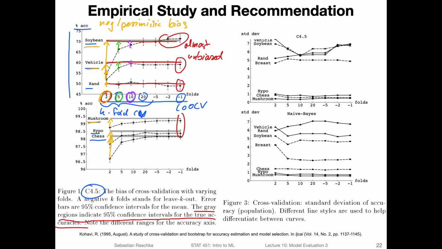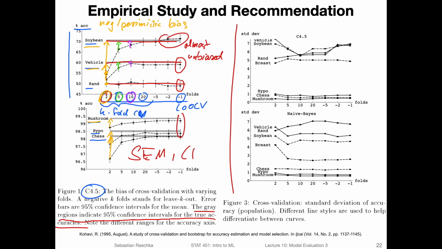However, the problem is that it can have a high variance. So empirically, you can see here on the right hand side estimating the variance. On the left we are looking at the standard error of the mean or confidence intervals, whereas on the right hand side we look at the variance across the folds.